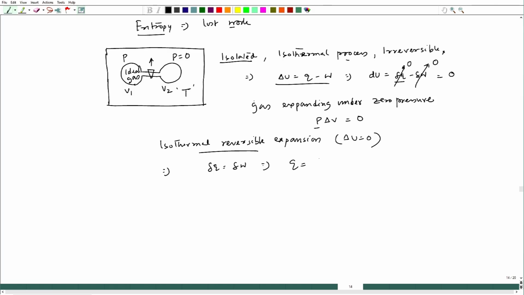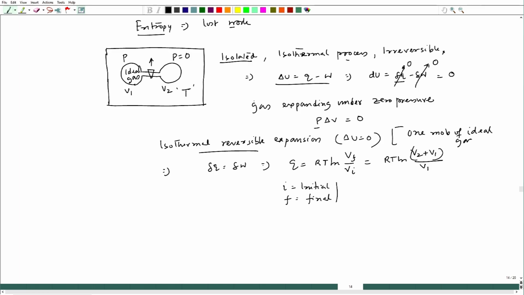I can write q equal to RT ln of final volume by initial volume, so RT ln V2 by V1. Here I is initial, F is final. And this is 1 mole of ideal gas.